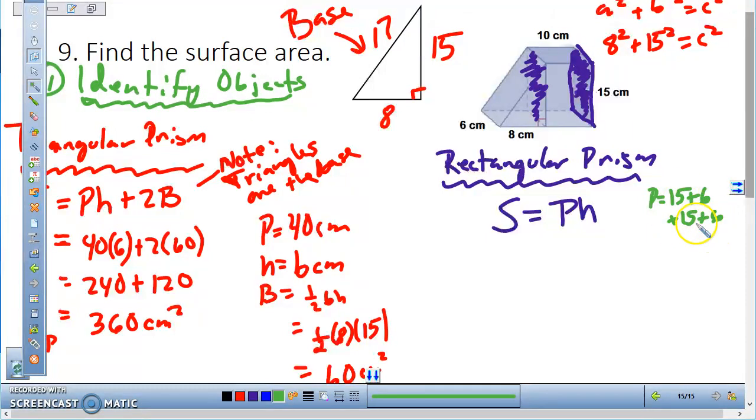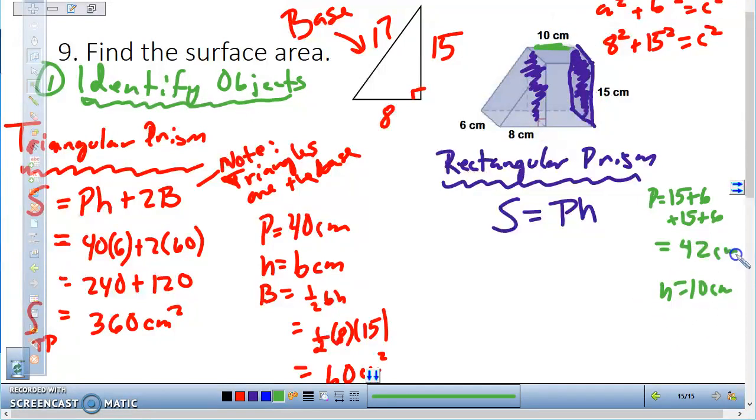So we have 30 plus 12, which equals 42. Okay, so we have 42, and then the height between these would be 10. So 42 times 10 is equal to 420 centimeters squared.